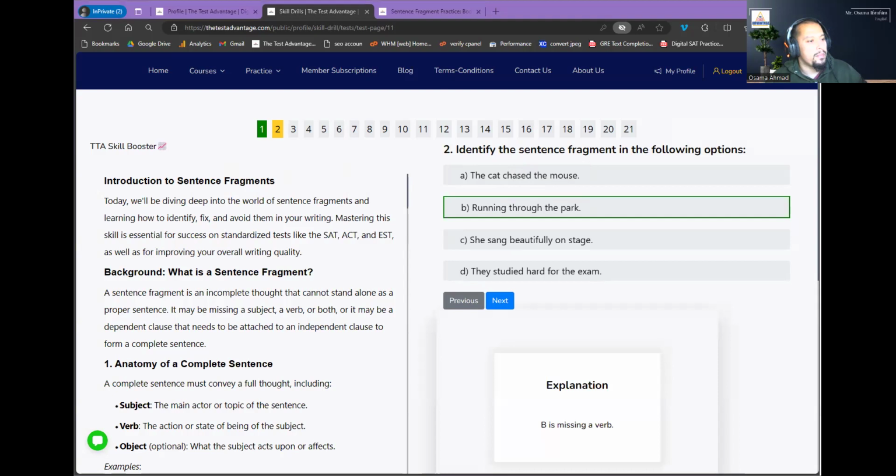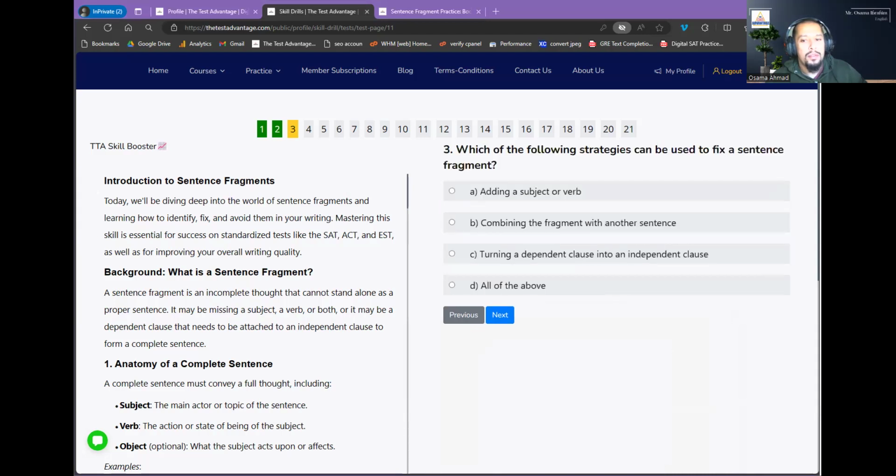Let's try another one. Question number 3. Which of the following strategies can be used to fix a sentence fragment? Omar, Carlos, Hanya, very good job.